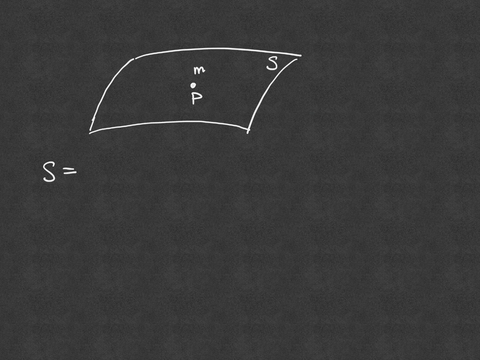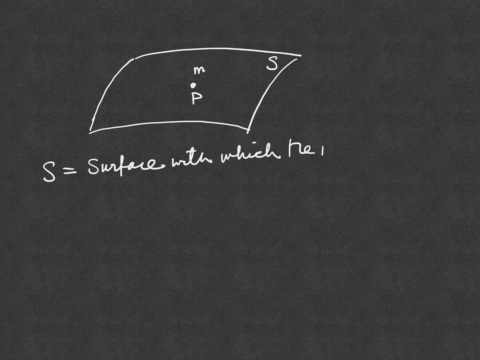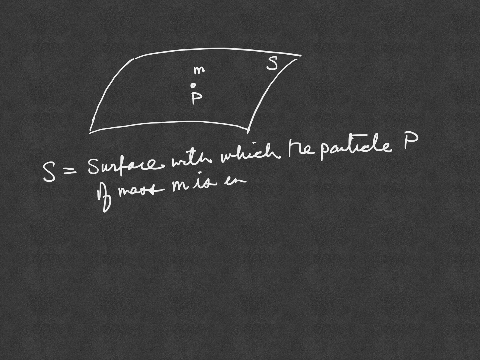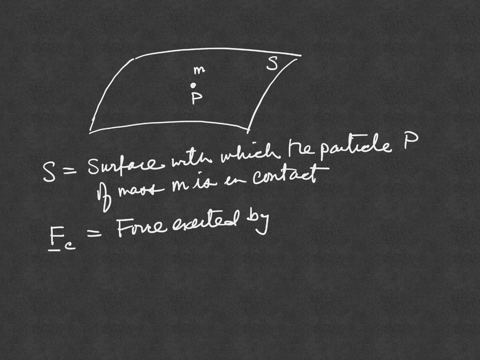So S is equal to the surface with which the particle, which I'm going to denote P, of mass m, is in contact. Now, given that that's the case, I'm going to call F, and I'm going to call it F_C, the force exerted by S on P. And that's also the contact force.